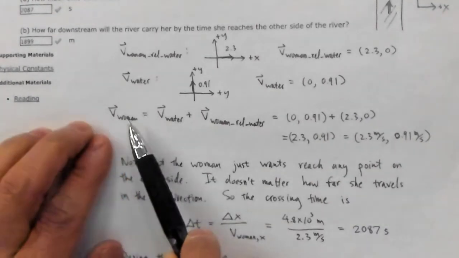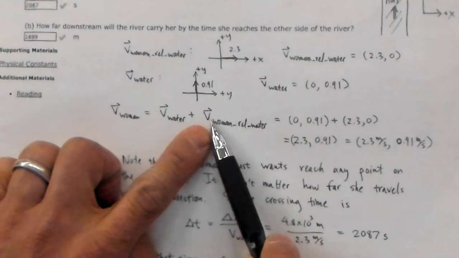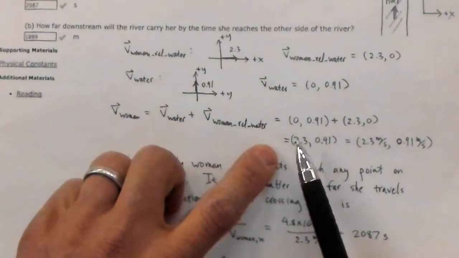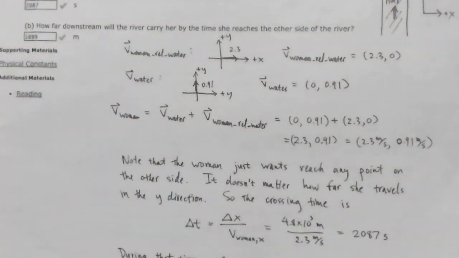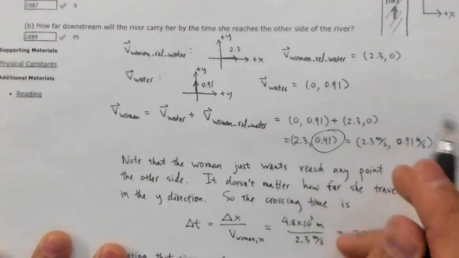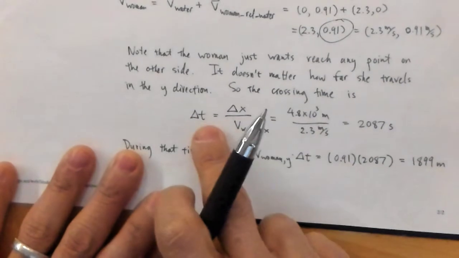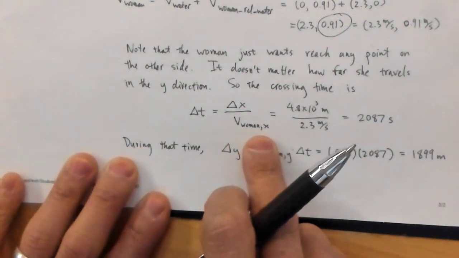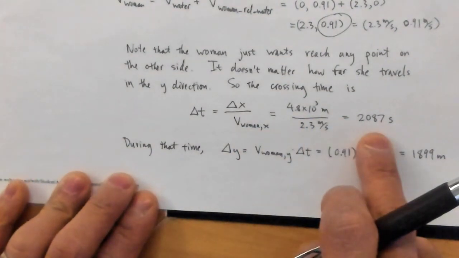If I want the velocity of the woman, it will be the velocity of the water plus the velocity of the woman relative to the water. Adding these two together, I get (2.3, 0.91). But now we ask how long does it take to go across in the x direction? And all this stuff we bothered to calculate doesn't matter. So we simply say the time is delta x over the x component of the woman's velocity, and so we get 2,087 seconds.